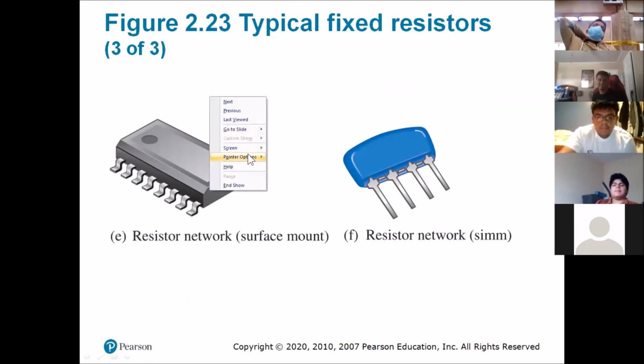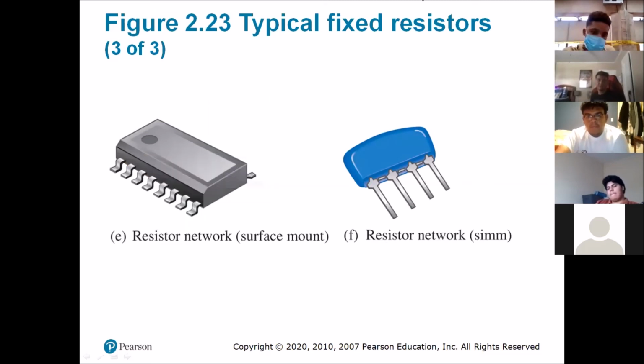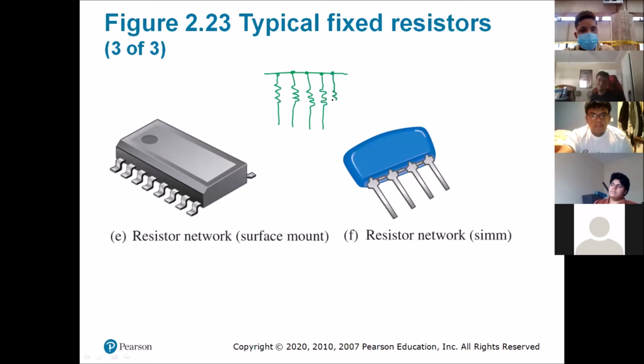A lot of times if we're using a 7-segment display, like you see on an alarm clock, they might have something that looks like this, where all of the resistors are tied together along one side.